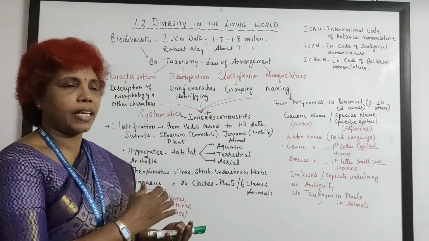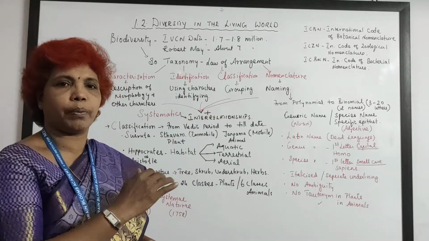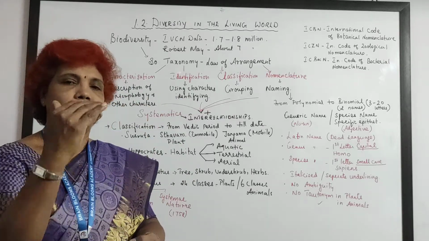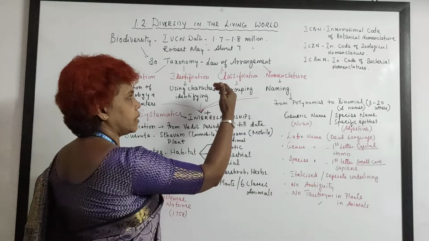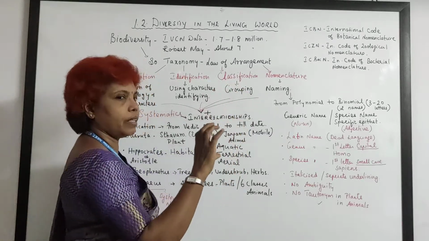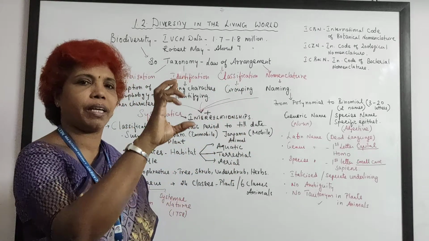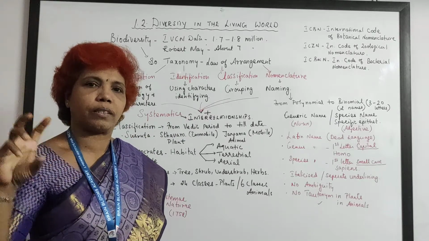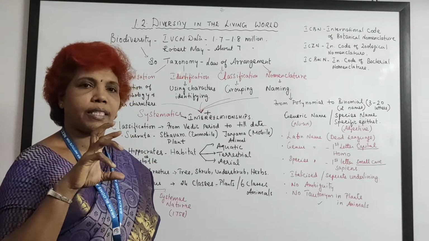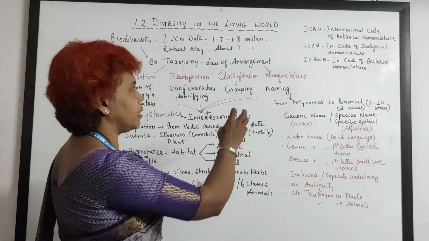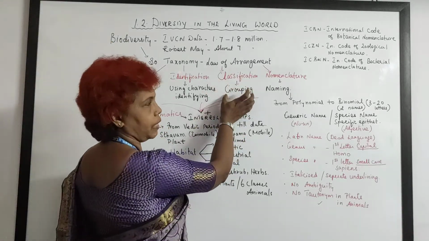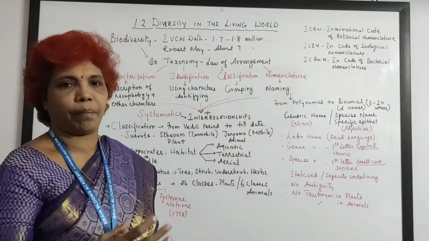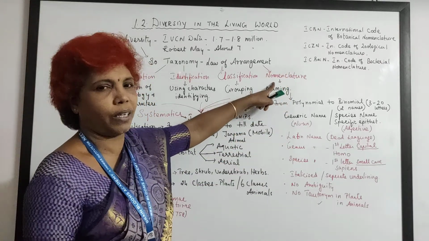As I said, saris arranged in a group, and churidar materials or pants, like that you can arrange. For example, all insects come under the same group, monocot plants in one group, dicot plants in one group, members of chlorophyceae algae in one group. Classification is grouping, and after that you give them a name, and the name is called nomenclature.